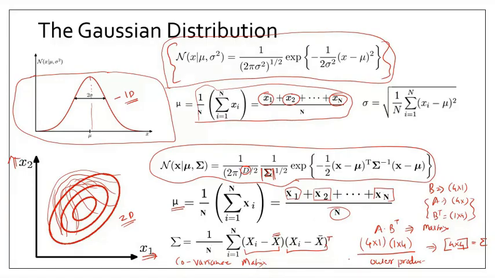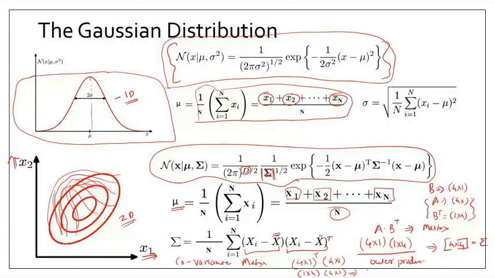Okay, so there are two types of vector multiplication. Normal vector multiplication is actually called the inner product. So it is 4 by 1 transpose multiplied by 4 by 1, which is 1 by 4 multiplied by 4 by 1.